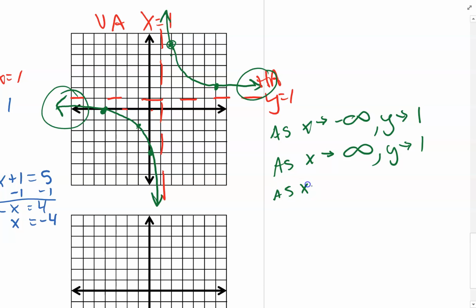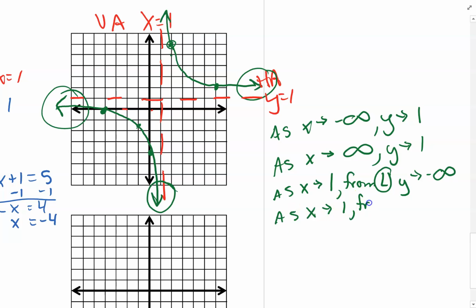As x approaches 1 from the left, y approaches negative infinity. And the last one, as x approaches 1 from the right, y approaches positive infinity.